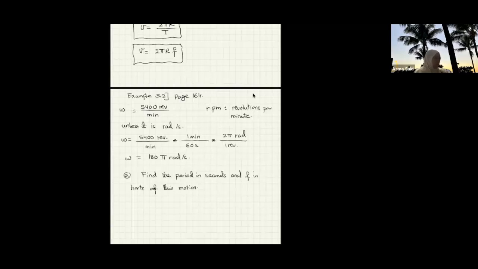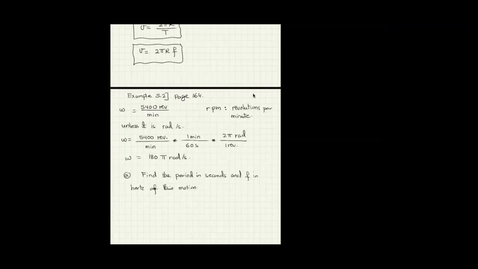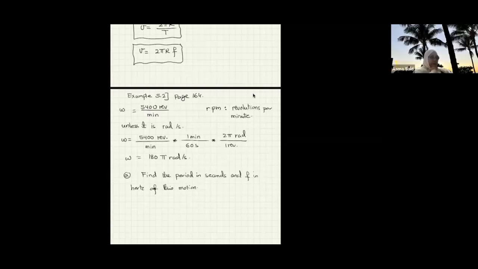By the way, this is not correct, it is confusing. This is why I have many objections against this textbook. Wherever you search, you're going to find RPM. It should be an omega. It's not frequency. In your textbook, they are dealing with it as if it is the frequency.